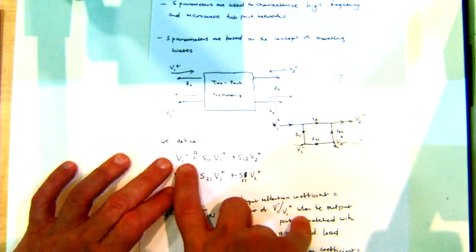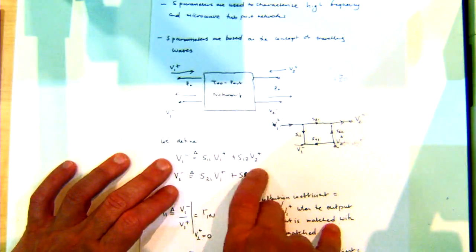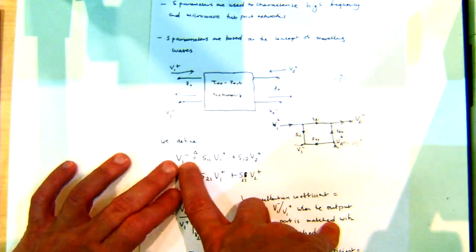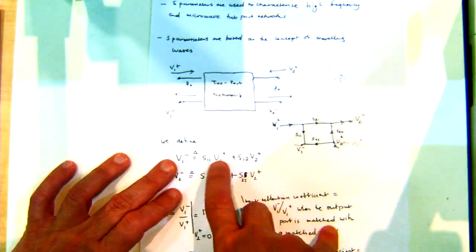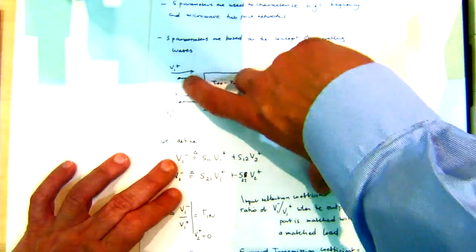So I've written the reflected voltage at port 1 as a linear relationship of the voltages going into port 1 and going into port 2. If you think about it, V1 minus is going to be S11 times V1 plus, a reflected component, plus S12 times V2 plus, a transmitted component of V2.